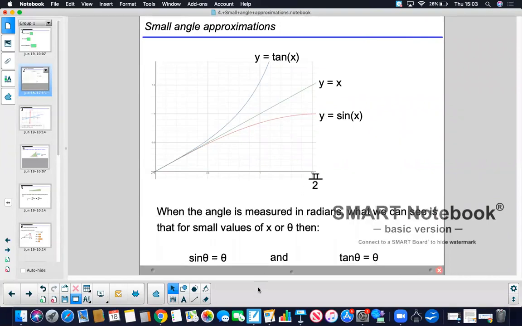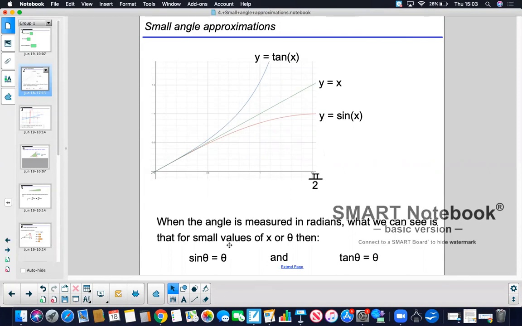From these three graphs, we should be able to say that as long as we're using radians, when we're using small values of x or theta, sine theta is the same as theta, and also tan theta is the same as theta, but only for these very small angles.